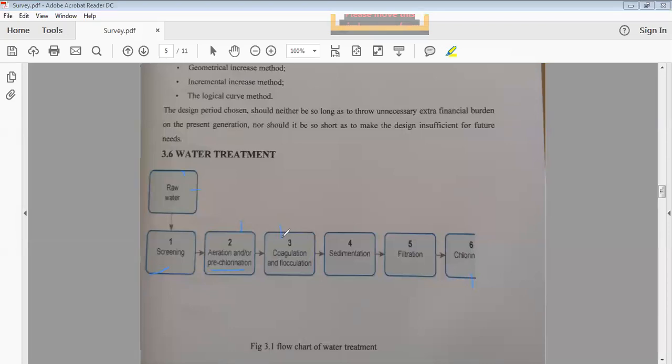So we have to design this one, and we have to design the screens also. So we have to design the sedimentation tank. Then filtration, maybe slow sand or rapid sand, whatever we choose, we have to design this tank. So mostly when designing, we are designing this dimension, right? While coming to sedimentation, we usually design its length and breadth.